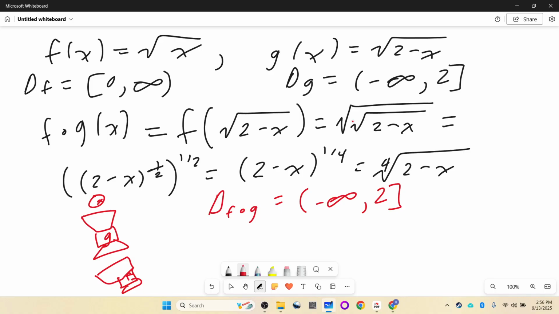I wish I had a really clear way of saying it. It's like there's two steps to the domain. We have to make sure it's in the domain of the first machine, the first inner function, and also that the thing that comes out of that is in the domain of the second function. But you can usually check that just by looking at the final form.